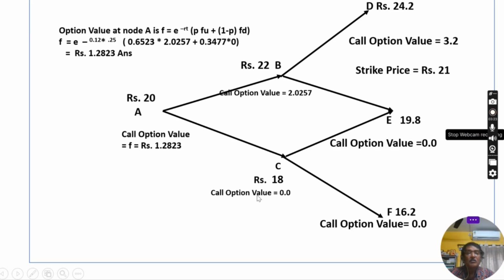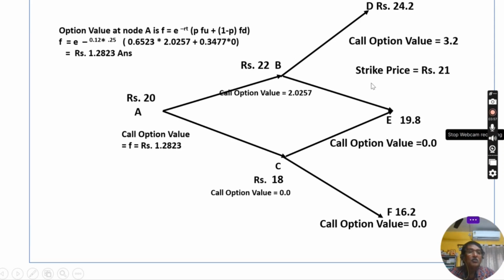Similarly, considering this price, if it is increased by 10%, then it will be 19.8, because 18 plus 10%, 1.8, is 19.8. That is the up price after this second step, that is the second 3 months. And if the price is decreased, then the down price will be this minus 10%. That is 18 minus 1.8, this is 16.2.